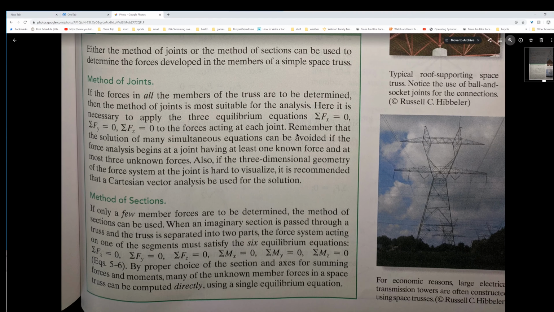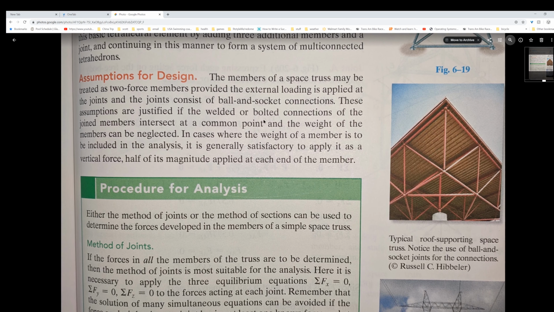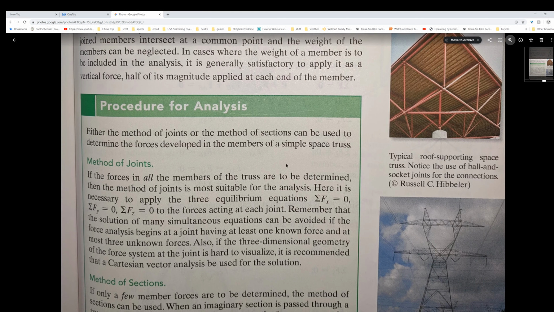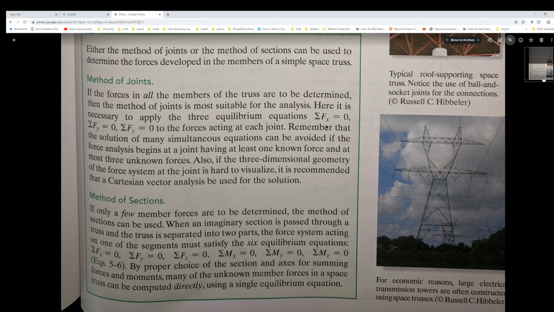Essentially, space trusses are just extending a truss structure in three dimensions, with this type of tetrahedron design to it. We'll take a look at some examples, but that's really about all it is, and it's a matter of taking a look at and solving problems.